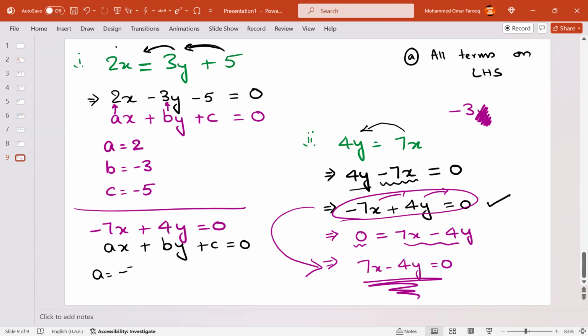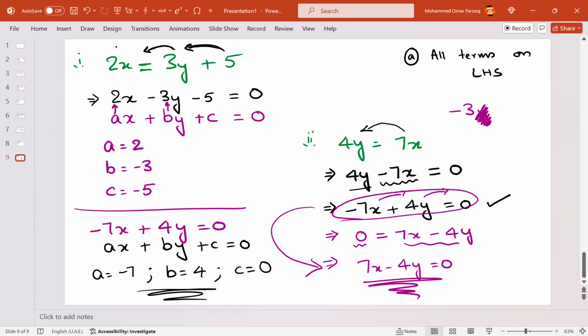Very good. And what is b? 4. And what is c? 0. Understood? A is minus 7, b is 4, c is 0. Got it, everybody? Good.